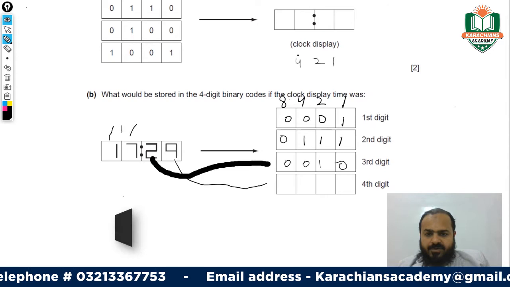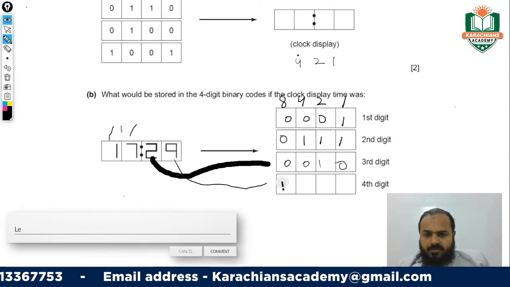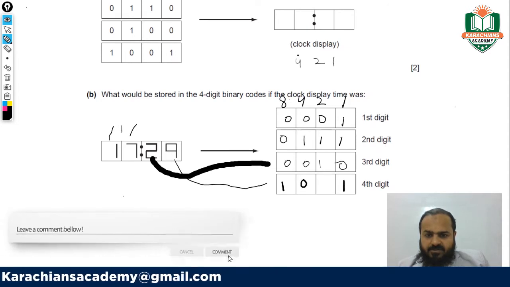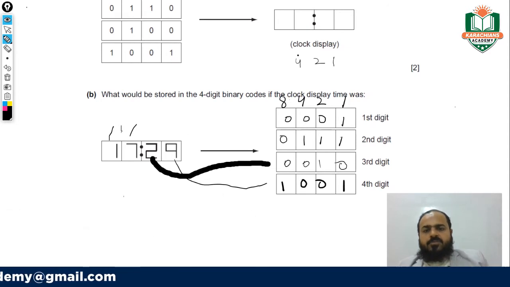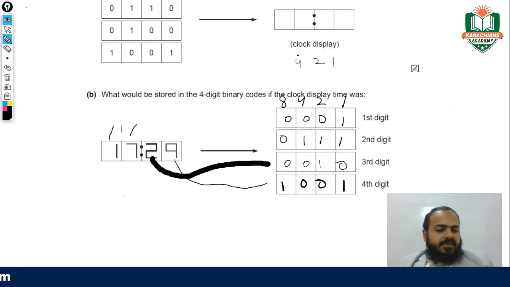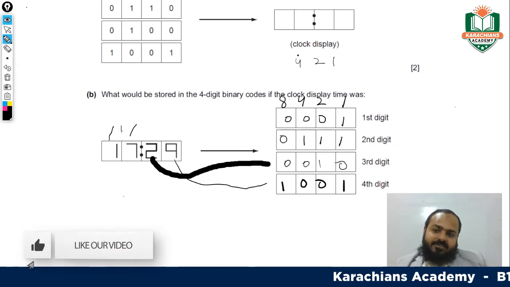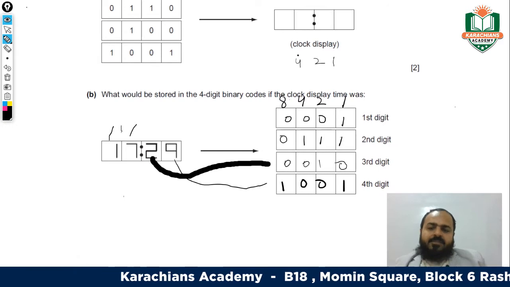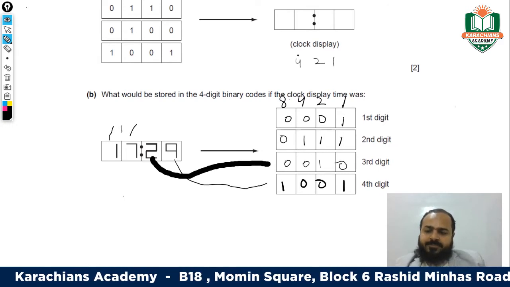So we power on 8, and then we power on 1, and the rest of them are 0. So at last we convert the first digit, the second digit, and the third digit. As you can say, 8421 is a binary coded decimal method. With the help of this method, you have solved this past paper.